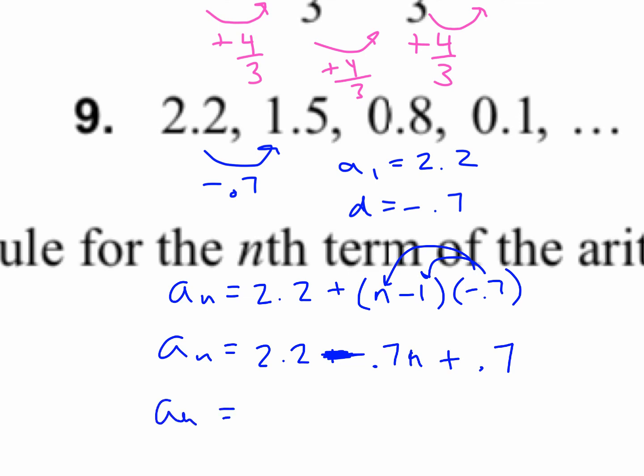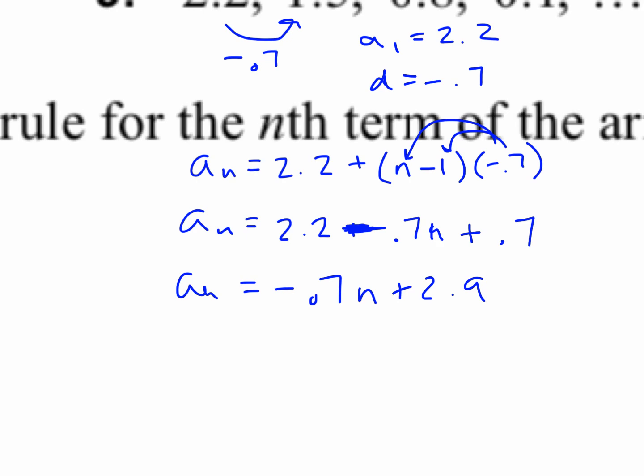So a sub n is equal to -0.7n. And then what is 2.2 plus 0.7? 2.9. And then we have to find a sub 20. So -0.7 times 20 plus 2.9. You guys can use your calculator for the test, so don't be scared when you have decimals.